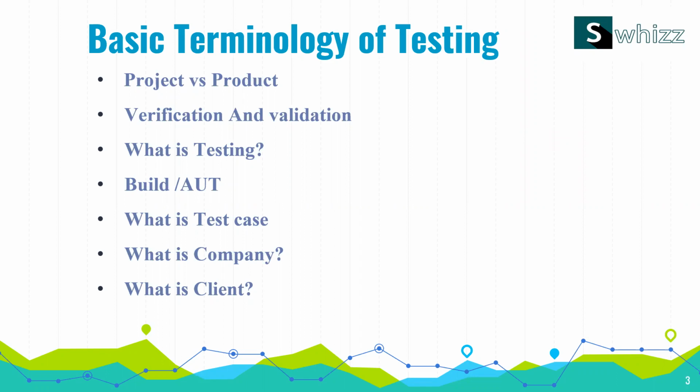Did they develop with respect to the requirements, or did they go off track? That process we call verification, and the developers will only do positive testing in the verification process.